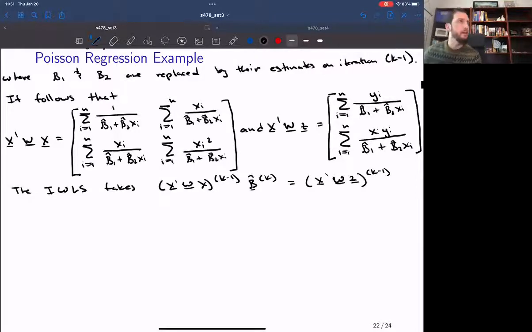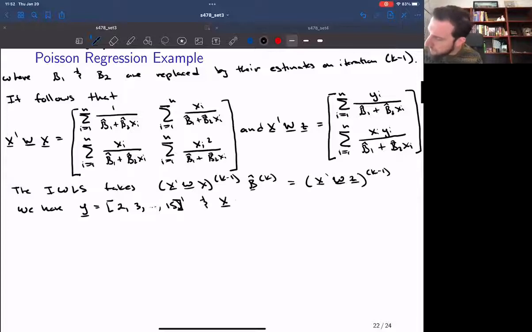All right, so let's see here. From above, we have y equal to 2, 3, up to 15, and we have x equal to 1, -1, 1, -1, 1, 1.